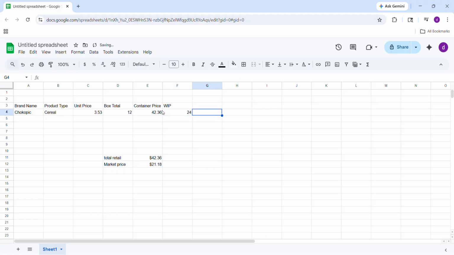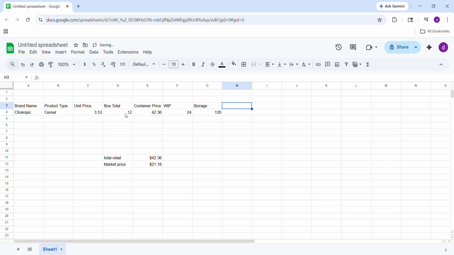Now we go to our storage. Since Choco Pick cereal holds 2 boxes on a shelf rack inside the storage room, I have 10 boxes lined up vertically. So 5 racks of 2. So that'd be 10 times 12, so that would be 120.